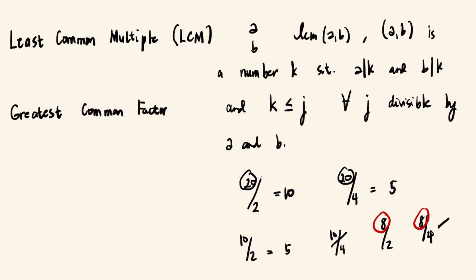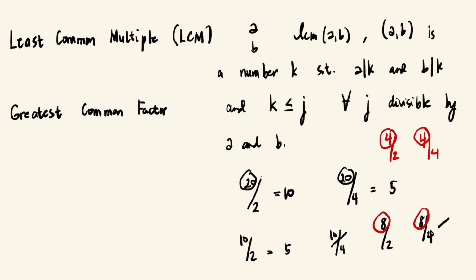We also have 4. Your 4 is divisible by 2 and your 4 is divisible by 4, because when you divide 4 by 4, you get 1 and it's still an integer. So this means to say that since 4 here is the least of all the numbers which 2 and 4 can divide, therefore 4 here is the LCM of 2 and 4.